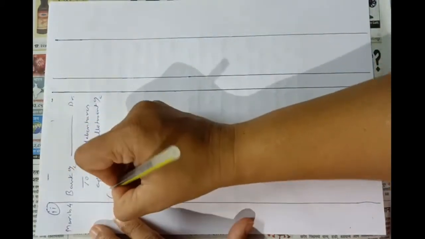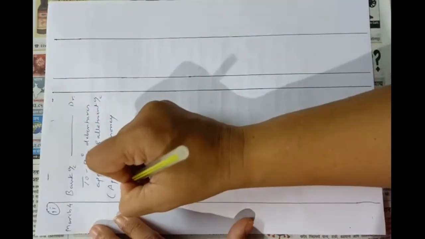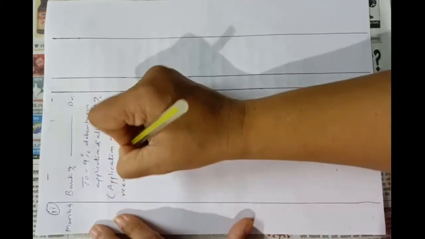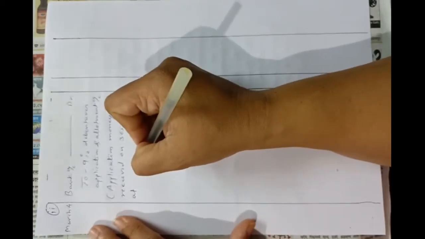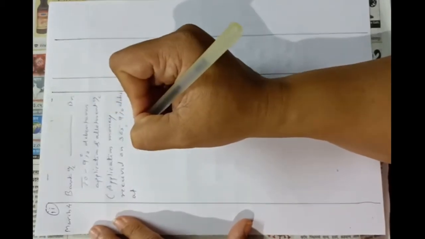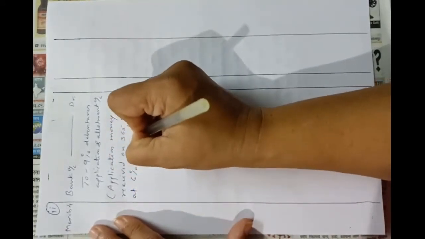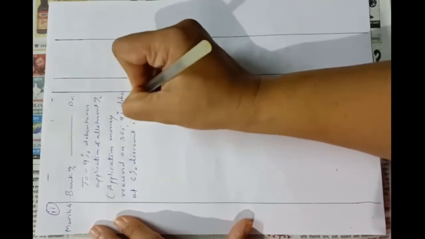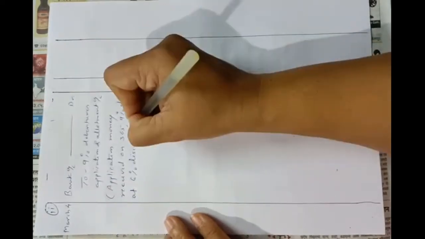And the narration is application money received on 365 9% debentures at 6% discount because they are issued at 6% discount.